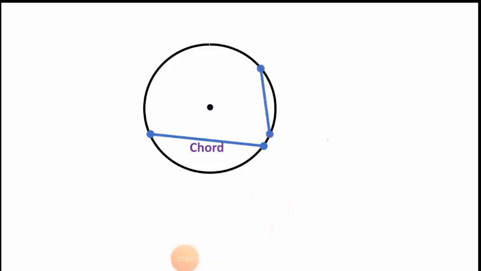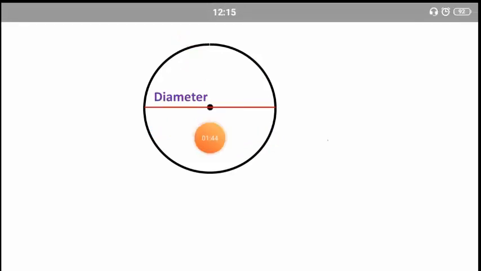As you can see, a chord can have many different lengths. But can you guess which is the longest chord? Yes, it is the one which passes through the center of the circle.